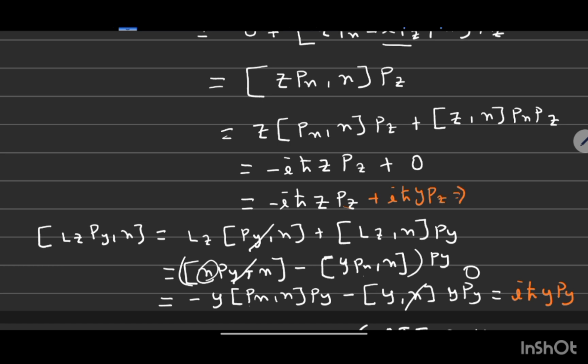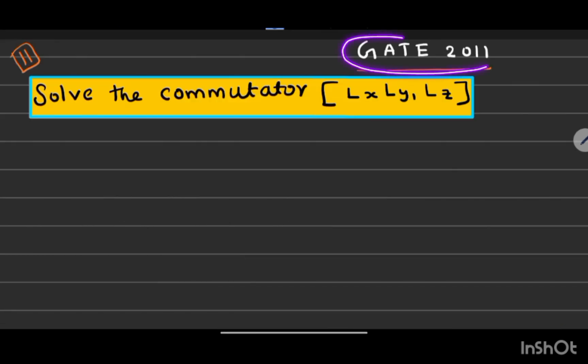So your final answer, if you take i h cut out commonly, is i h cut times (y Py plus z Pz). This is the answer.